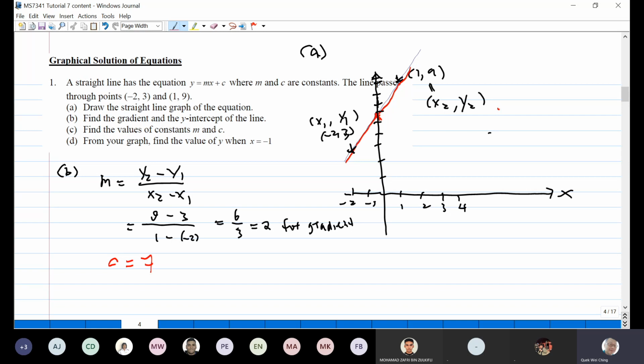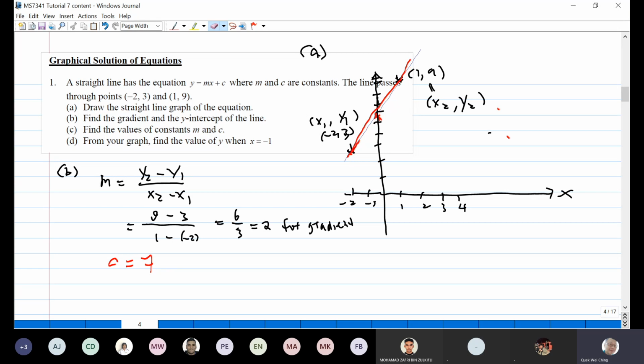But can we actually find it by calculation? Because my graph is not very accurate. Mine is about 6, but if I draw the graph accurately, I should get 7. So if I draw it like that, I think I get 7.